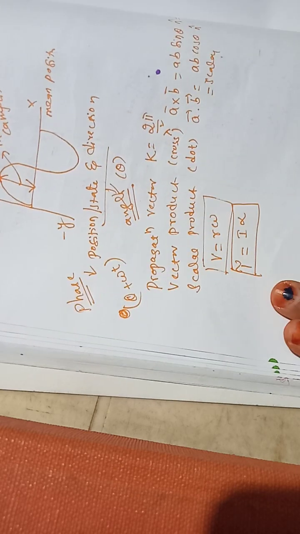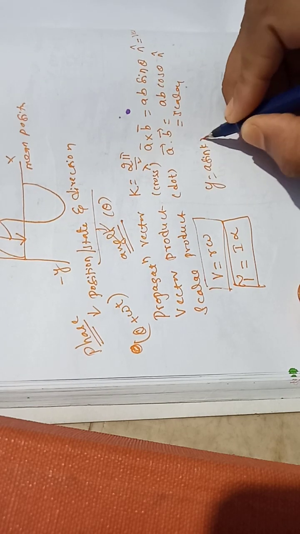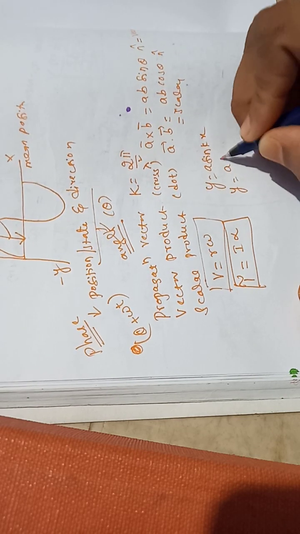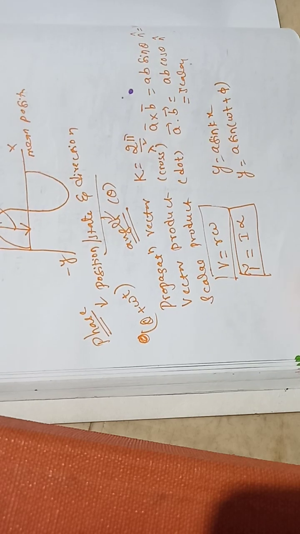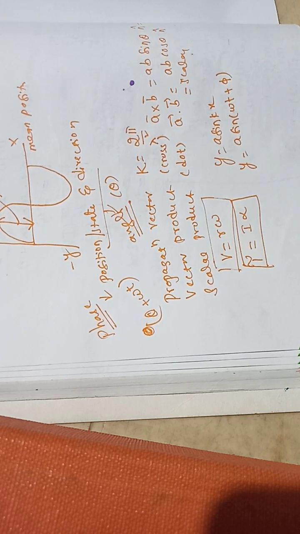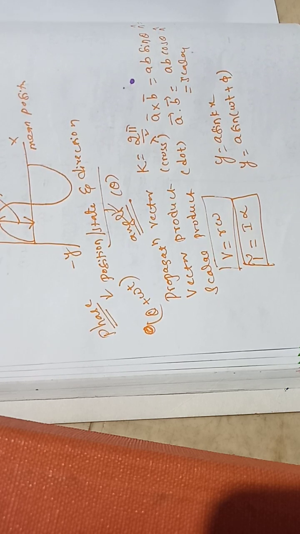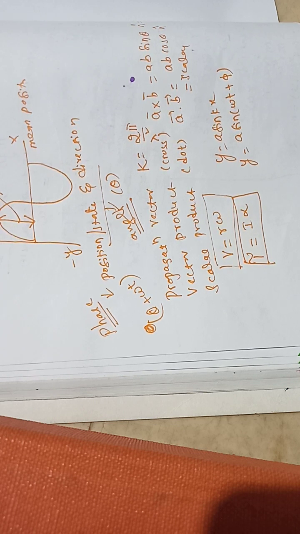Now do you know the displacement formula? y equals A sin kx, or y equals A sin (omega t plus phi), where A is the amplitude. These are the displacement equations. Alright, phi is the phase angle or phase difference.